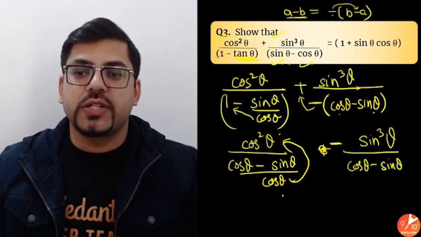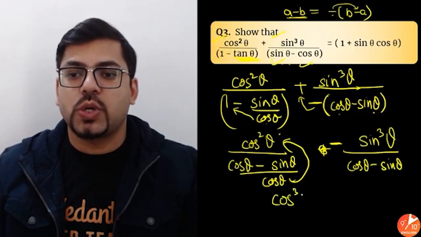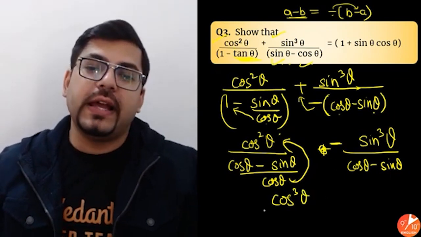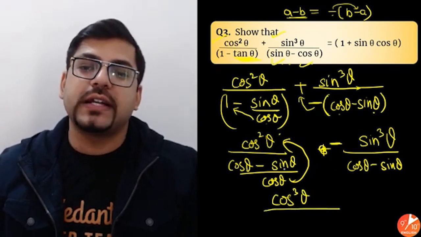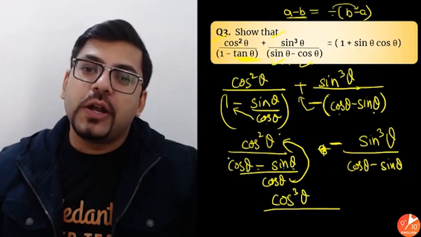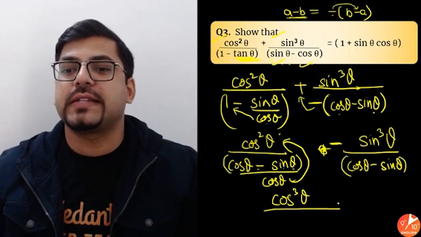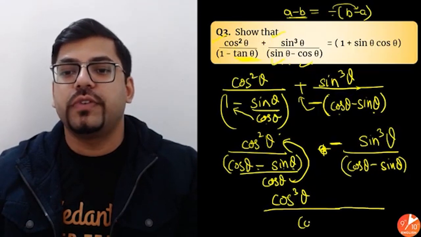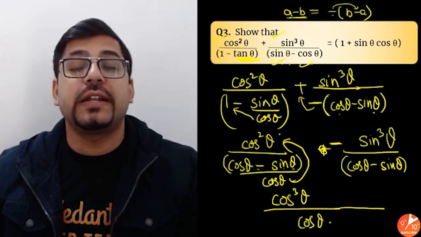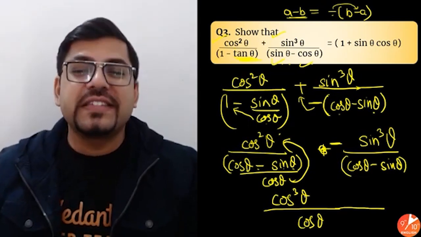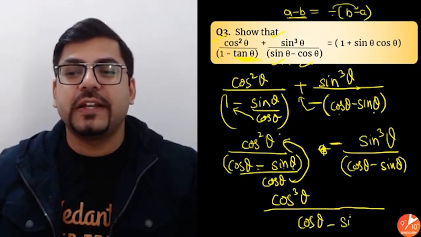Now if this cos goes in the numerator, you know that this is cos³θ. So now the LCM becomes cosθ minus sinθ only. Both terms have the same denominator, so their LCM will be the same, cosθ minus sinθ.